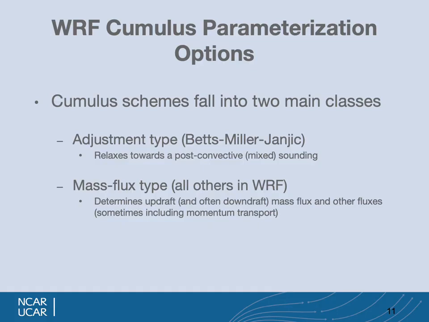The mass flux scheme explicitly treats the updraft and downdraft mass fluxes. So this is what I just described, where you take an updraft mass flux and that's transporting air physically from the boundary layer to the upper troposphere, and the reverse happens for the downdraft.